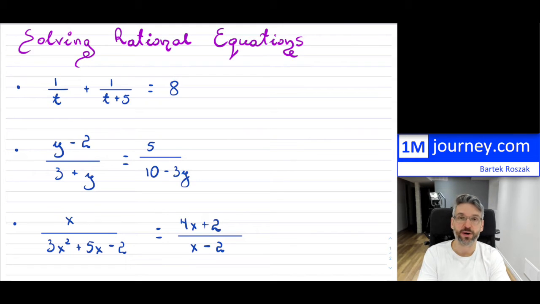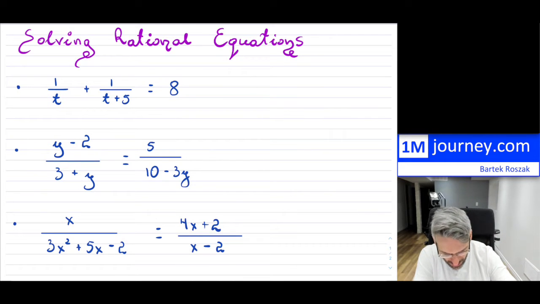So for example, 1 over t, we can't have t equal to 0, because it would be 1 over 0, and then the whole thing falls apart. With 1 over t plus 5, that means t can't be -5, right? But everything else is fair game unless they restrict this equation for us.